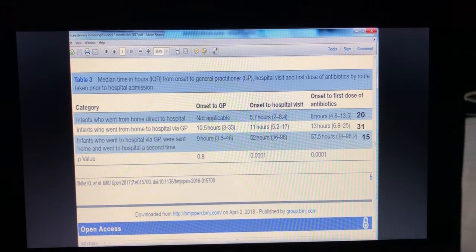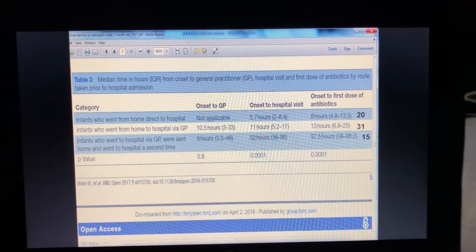So actually more parents go to their GP with these problems than go to hospital. And 15 infants went to hospital from the GP and were sent home and went back to hospital a second time.